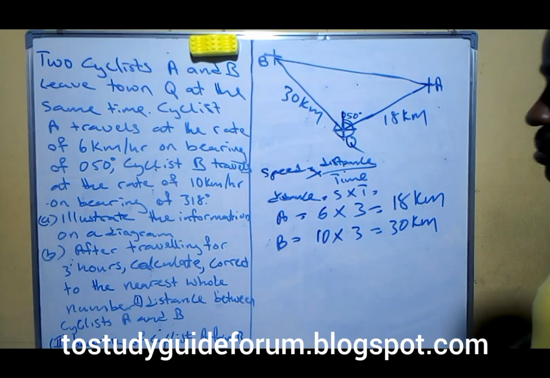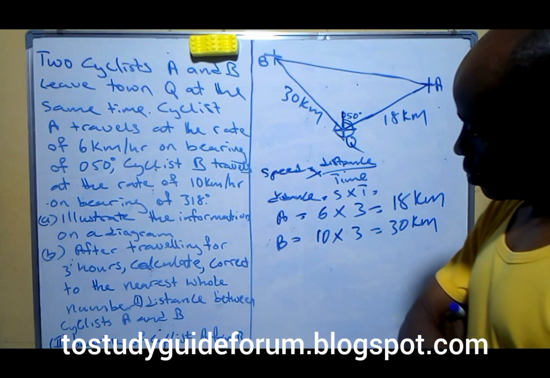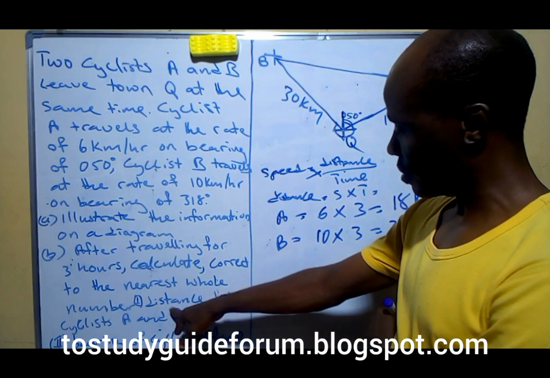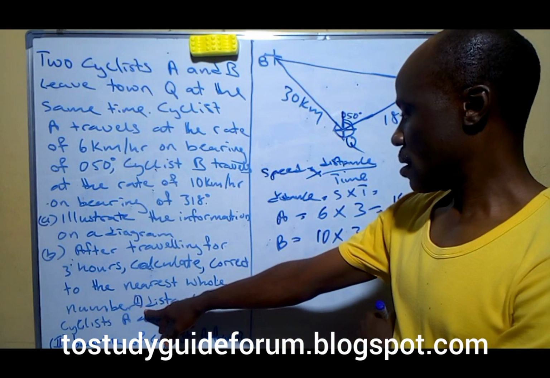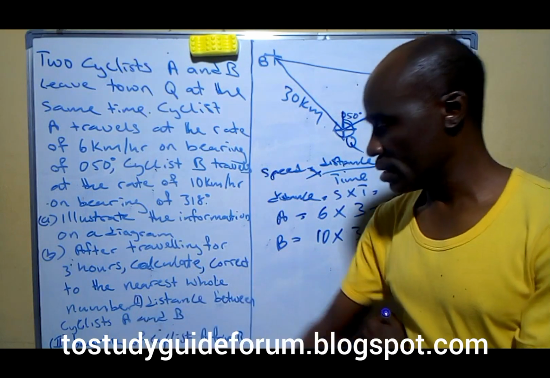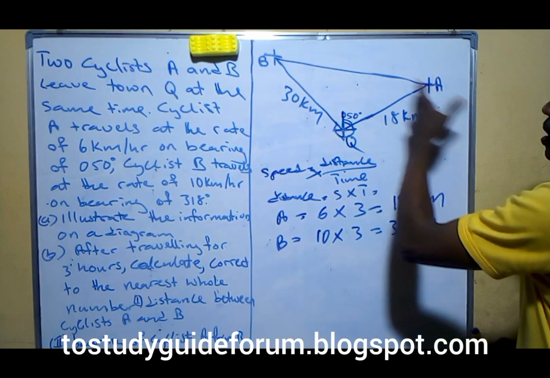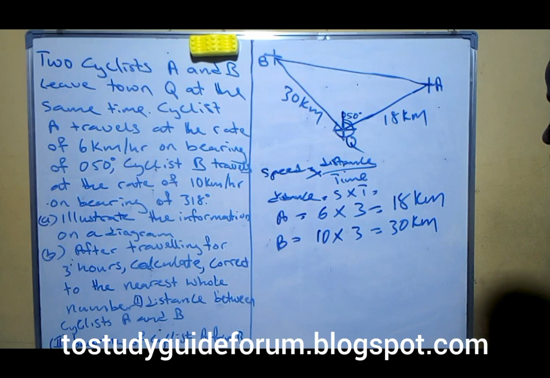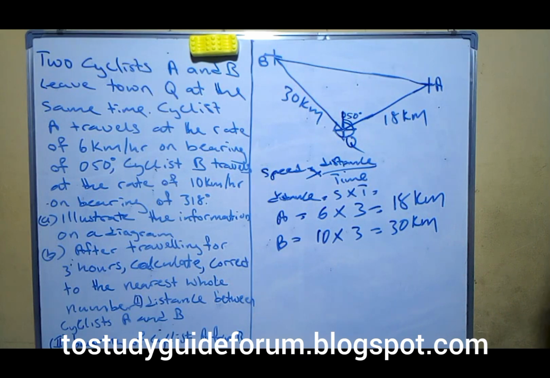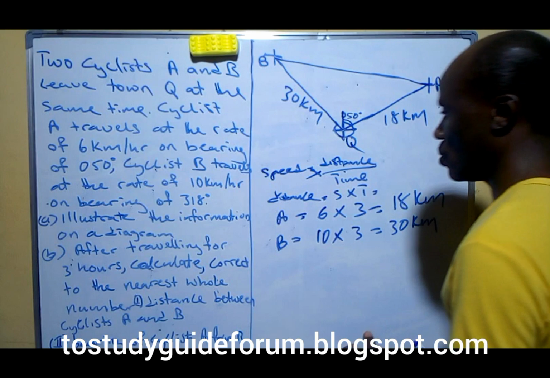Next, we want the distance between cyclists A and B. To get this, we can use the cosine rule to solve the problem.